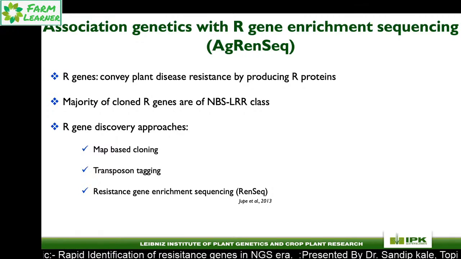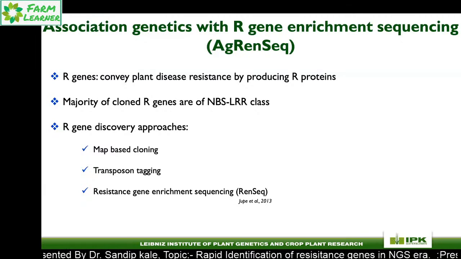And there were different approaches used for identifying resistance genes, such as map-based cloning, where you have to develop a large population, do QTL analysis, map this population, and then identify the candidate genes. Another method is transposon tagging, but these two methods are very time consuming, requiring at least 5-6 years of hard work, and they are also laborious.